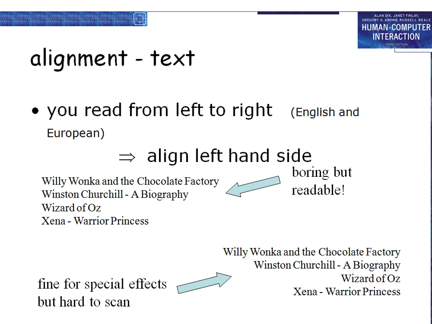If you read from left to right, we need to align left. Maybe it's a little boring, but it's readable and easy for us. If we align right, it is fine for a special effect, but it's not easy to scan.